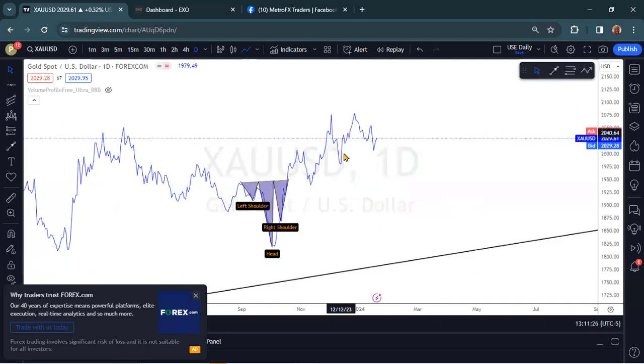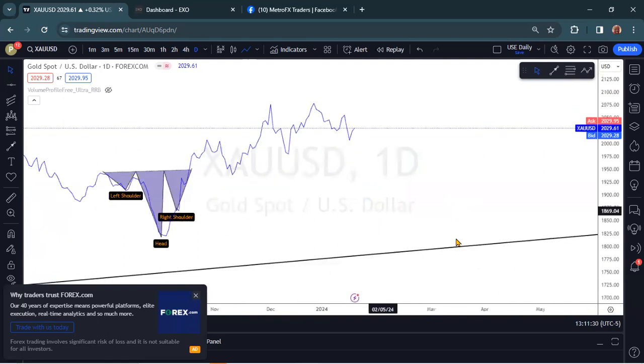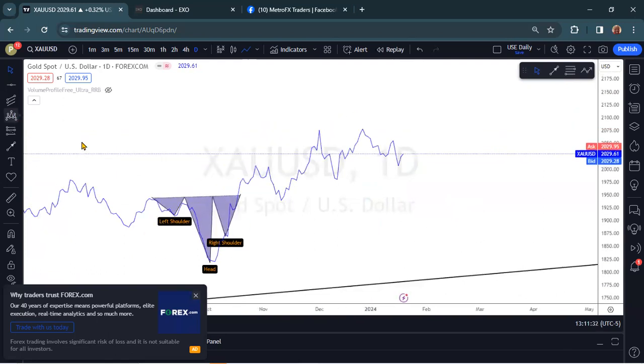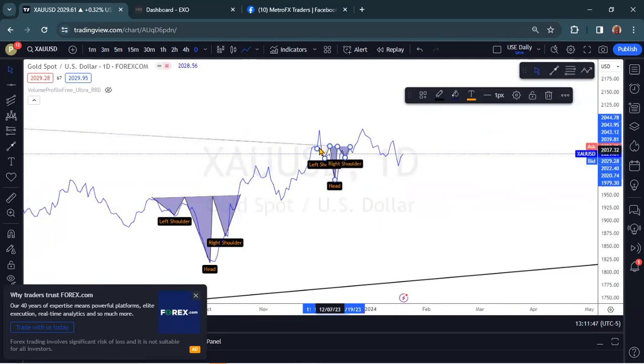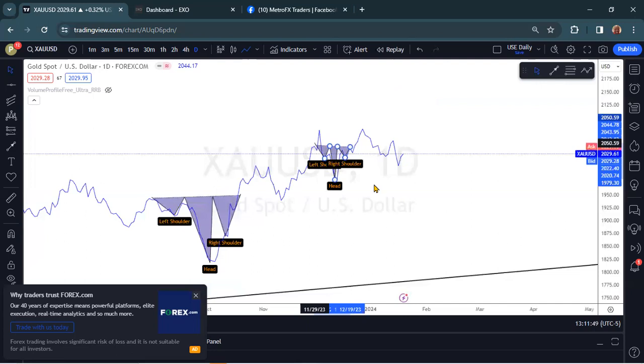Here's another one right here. Another one right there. So let's say we take it here, here, here, here, here, here. Another inverted head and shoulders. It doesn't have to be perfect.